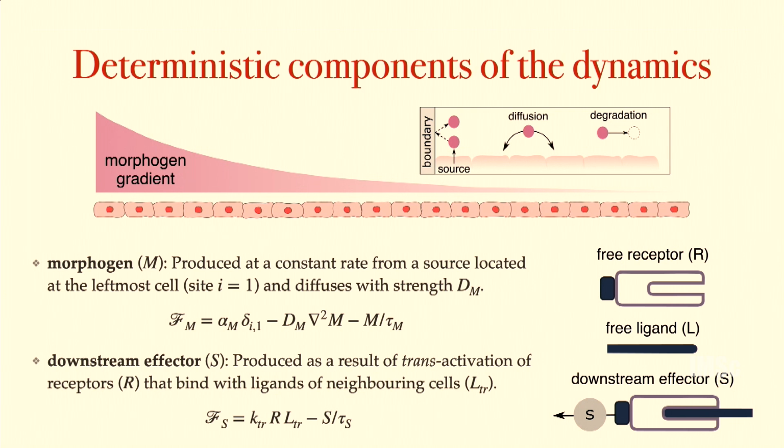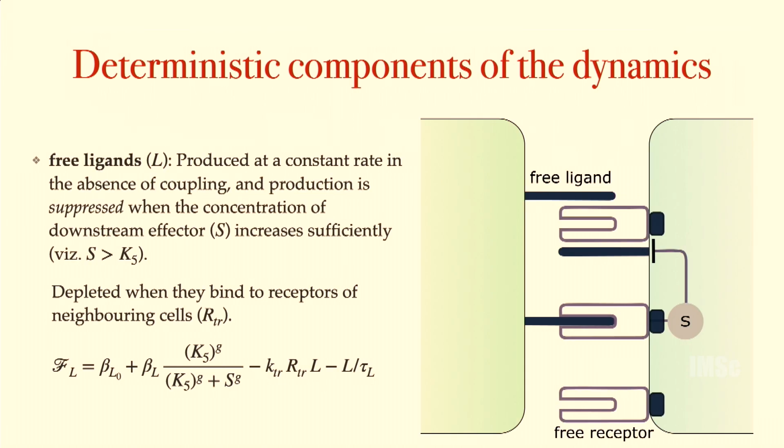So that's this term over here. Then the free ligands: now we have to have ligands to bind. The free ligands are depleted when they bind, but they're also produced at some constant rate, but suppressed if you have a very large amount of downstream effectors formed. So it saturates after a while.